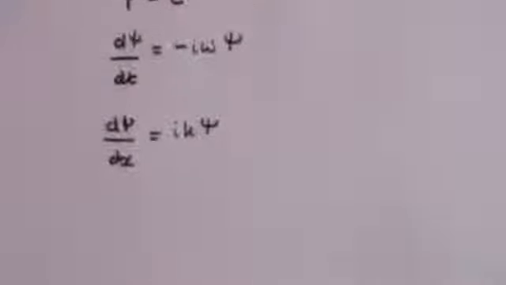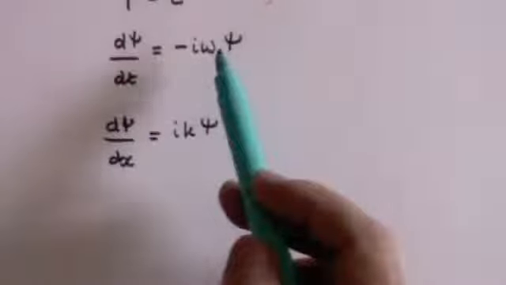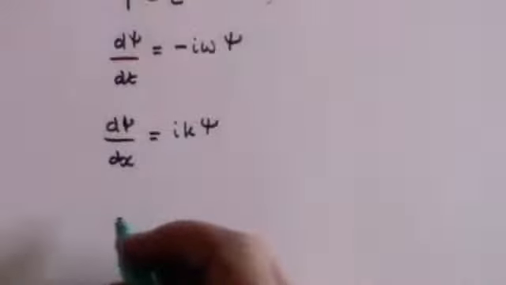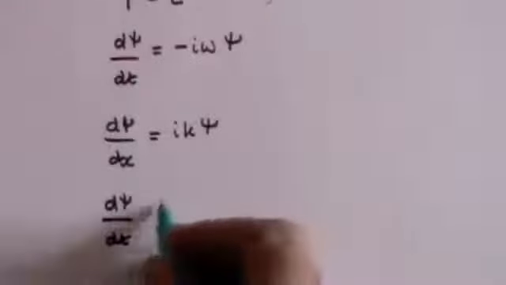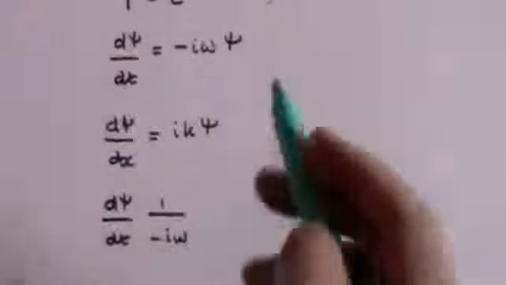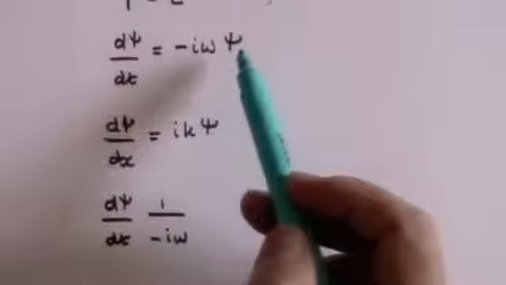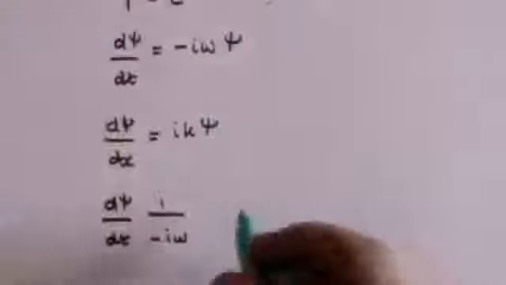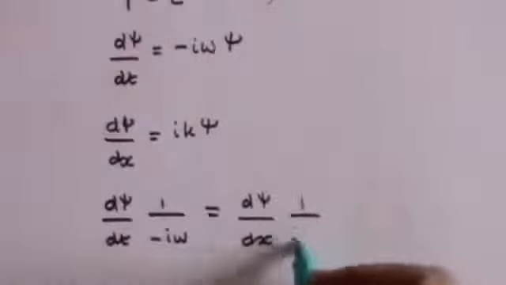Now if I divide both sides of this equation by minus i omega, I will get psi. And if I divide both sides of this equation by ik, I will get psi. And so those two will be the same. So what I'm saying is that d psi by dt times 1 over minus i omega, which is this term where both sides are divided by minus i omega and leaving just psi on the right hand side, is going to be equal to d psi by dx times 1 over ik.